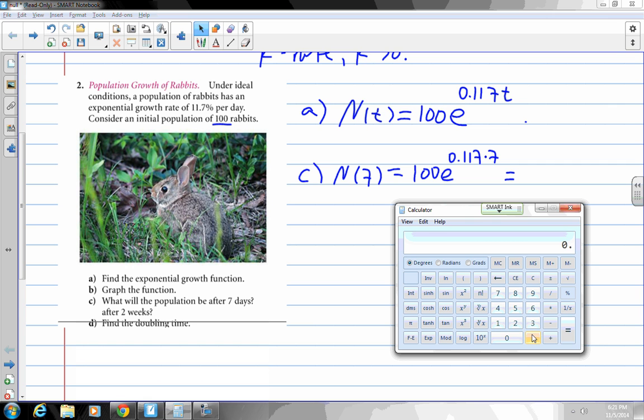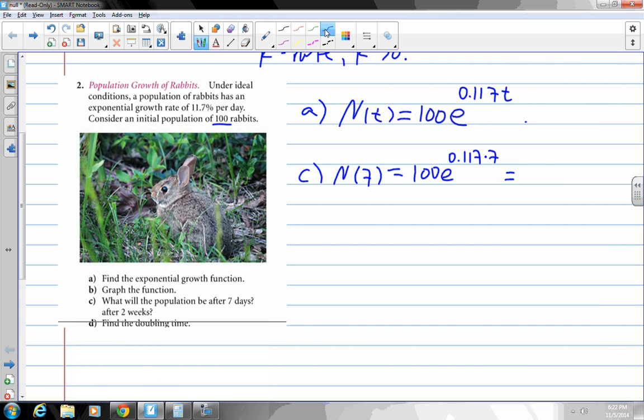So that's 0.117 times 7, raise e to that power, and then times it by 100, so 226 or 227 rabbits after 7 days, depending on your philosophy on rounding.